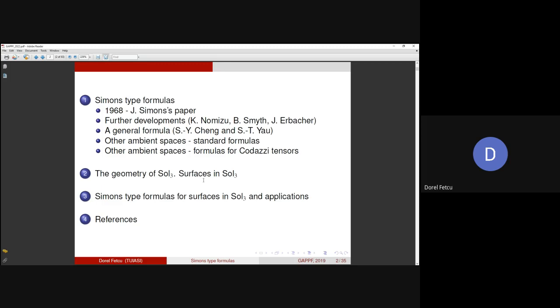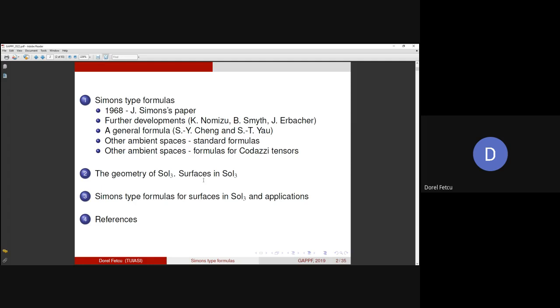I will end this first part of the talk with some more or less recent results from 2011 up to 2017 that show how Simon's type formulas can be rethought and how they can be used in order to obtain not only gap or rigidity results, but also compactness results, for example.